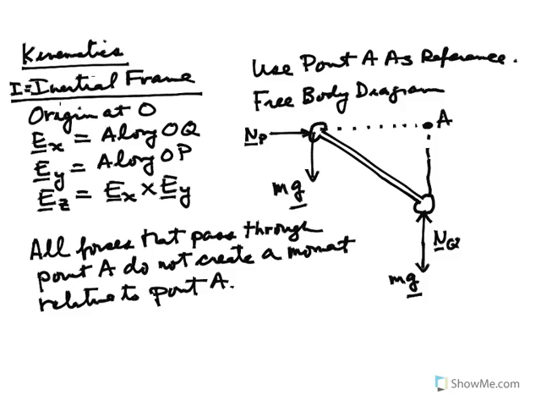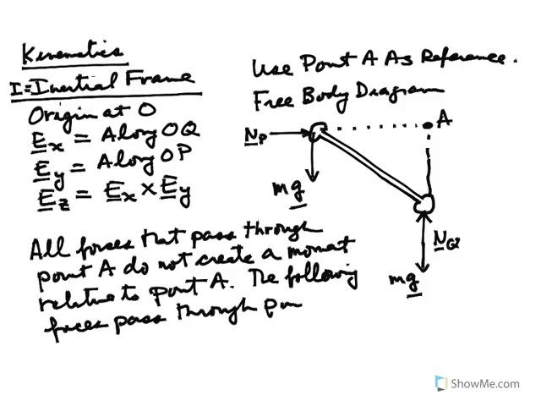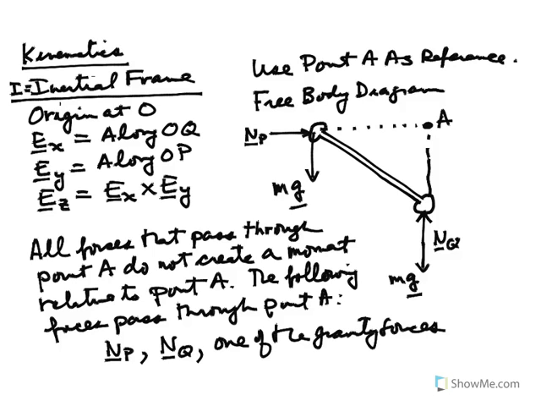So what are the forces that pass through point A? The following forces pass through A. One, N sub P. Another one is N sub Q. And one of the gravity forces, the one that acts at point Q, also passes through point A. The only one that doesn't pass through point A is the force mg, which acts at point P. So as a result, the moment relative to point A due to all forces external to the system is going to equal RP minus RA crossed with mg.